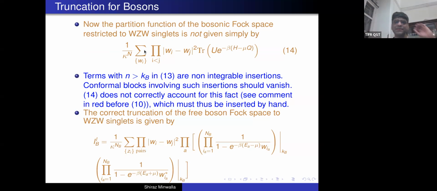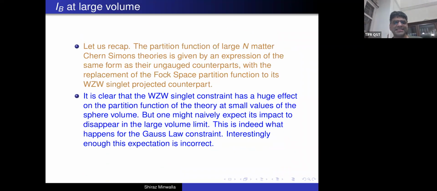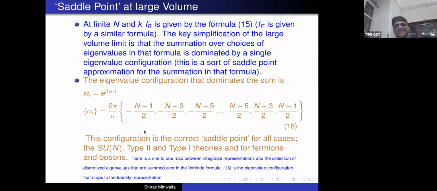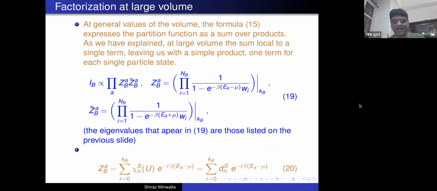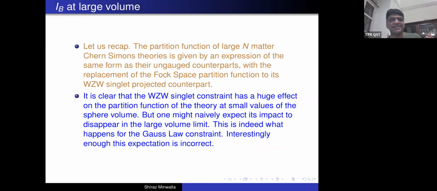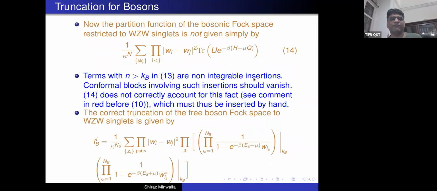Now, in the limit that the volume of the sphere is very large, it turns out that this summation over eigenvalues is dominated by a particular eigenvalue configuration, sort of by a saddle point type effect. And the eigenvalue configuration that dominates is the set of eigenvalues e to the power i alpha i, where alpha i is given by this formula.